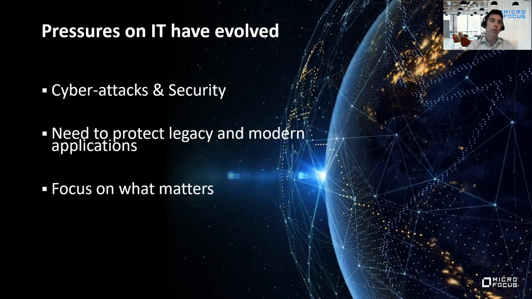We still need to protect legacy environments like Oracle, SAP, etc. And some customers are still using previous versions of these databases or applications. At the end, what really matters is to focus on how to move ahead the digital assets that the companies are managing. So if you can go to the next slide, JJ.